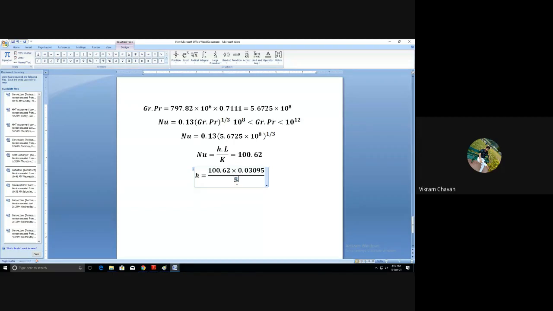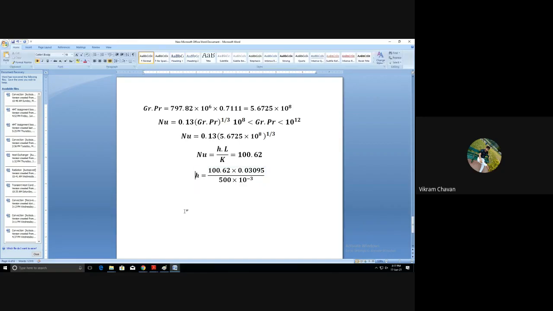Divided by L. L is 500 multiplied by 10 to the power minus 3. Calculate the H value and let me know. That will be your actual H. 6.22. Great. 6.22, and it will be in watt per meter square Kelvin.